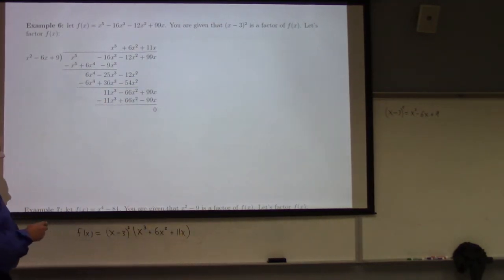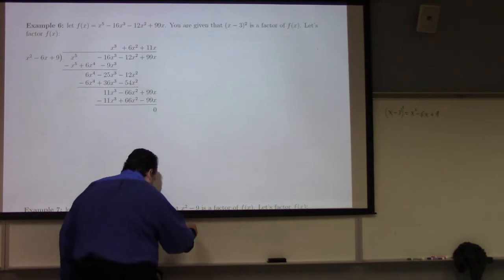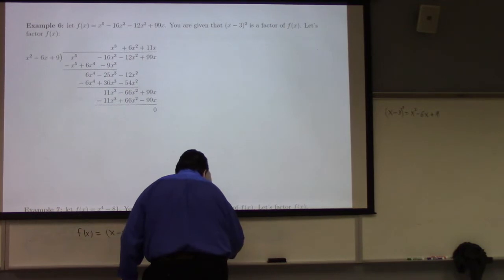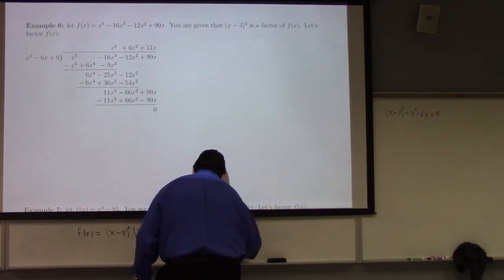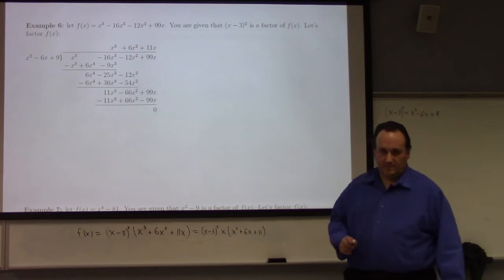All right? Then the question is, can we factor that, right? So, well, we can factor an x out, right? So you've got x minus 3 squared times x squared plus 6x plus 11. All right? And it turns out that that's it.